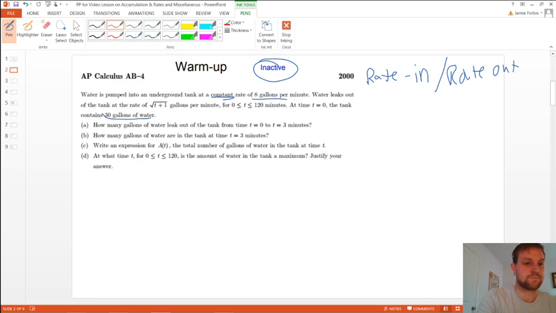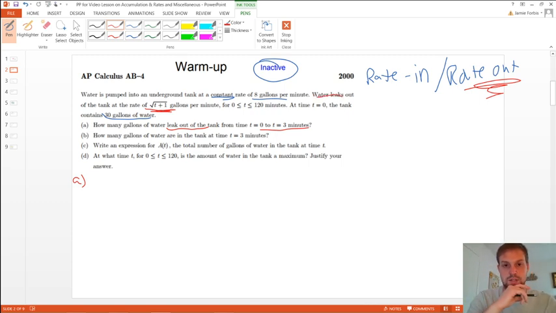Part A says, how many gallons of water leak out of the tank between 0 and 3 minutes? So I'm only concerned with the amount coming out. I'm not worried about the rate in, I'm only worried about the rate out. That's what leaks. So we're only going to consider this function here, the rate at which water is leaking.